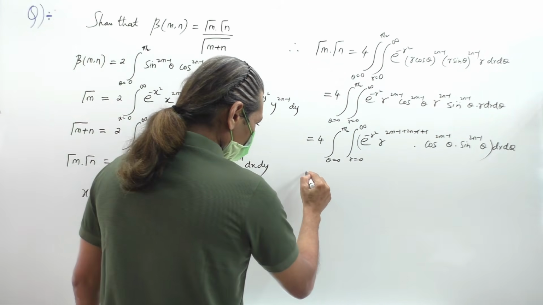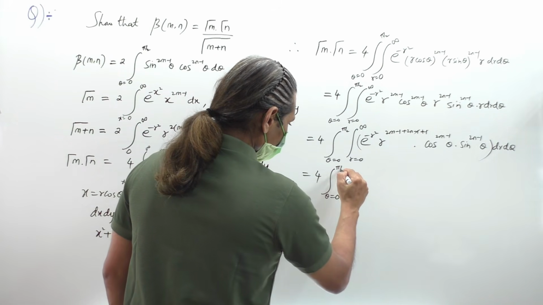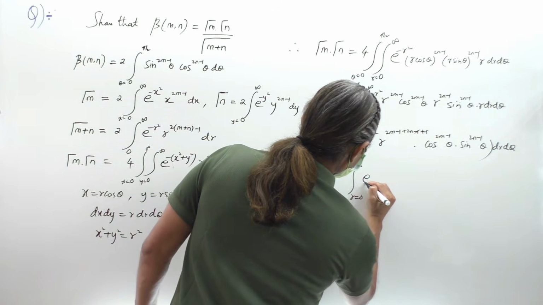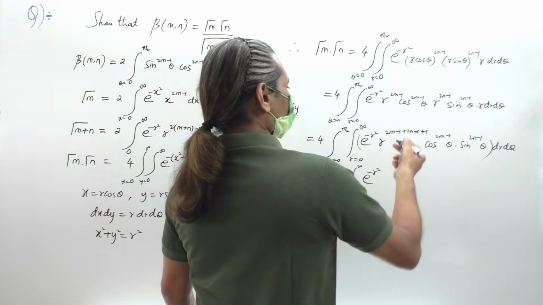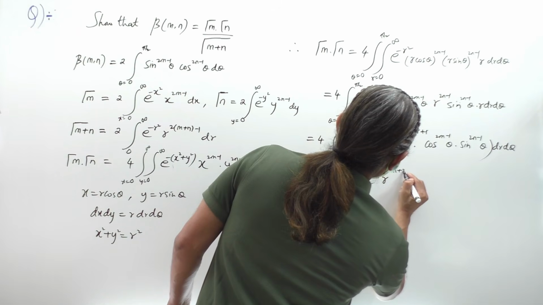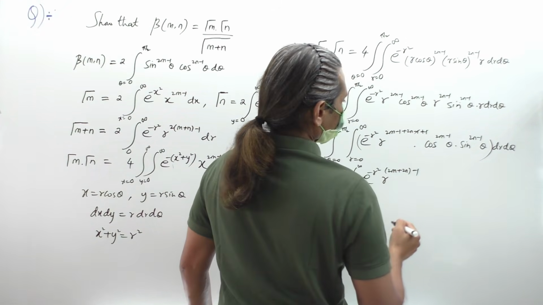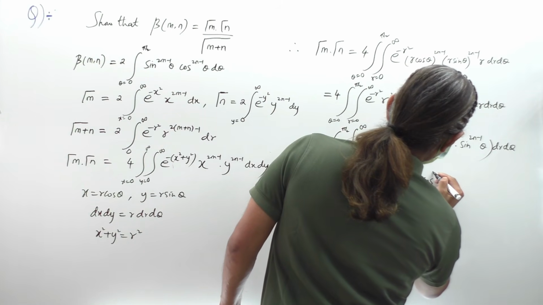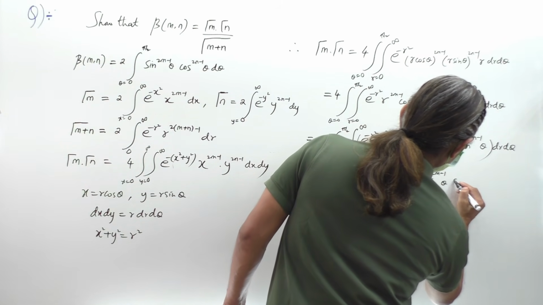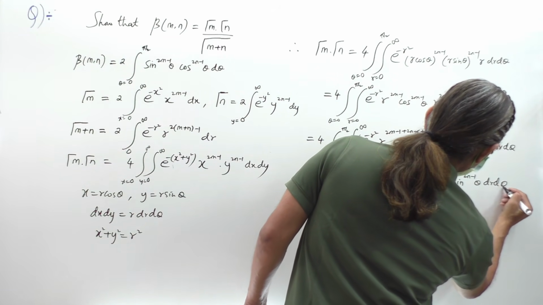So this will be now again 4 theta is equal to 0 to pi by 2, r is equal to 0 to infinity, e raised to minus, you can write directly also, but I am solving it for you. This will be r raised to 2m plus 2n minus 1, correct, into cos raised to 2m minus 1 theta into sin raised to 2n minus 1 theta dr d theta.